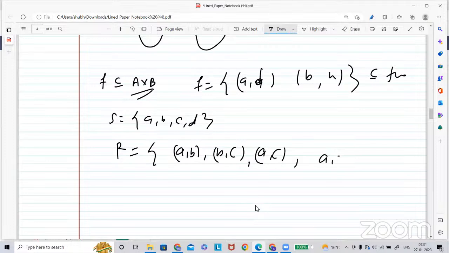Suppose AA is there. Now think about it, is it still transitive? If you check for this one, AB is there, BC is there, AC is there, fine. So because of this it is transitive. Now check for this one: AA is there, AA and AB is there, so AB should be there.